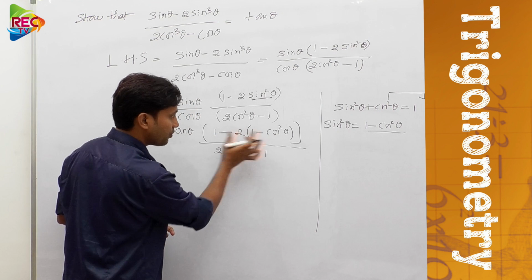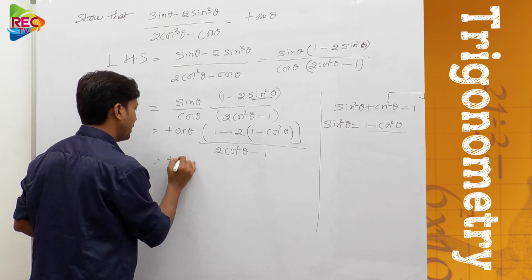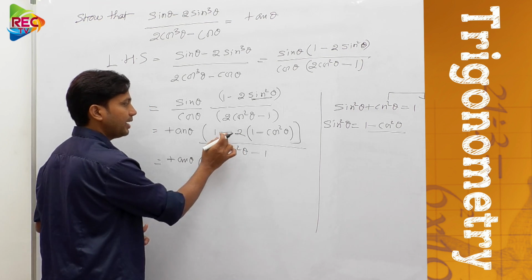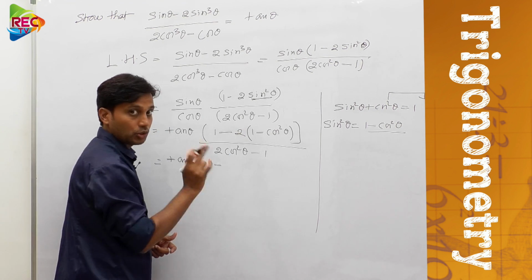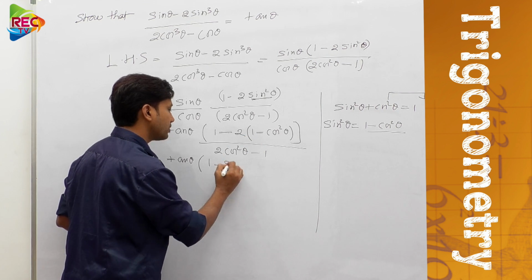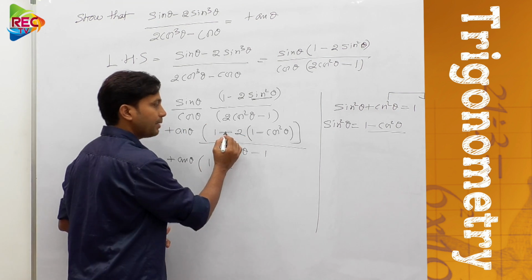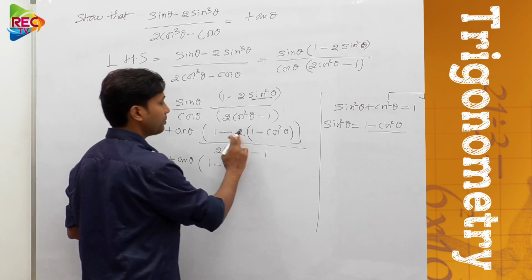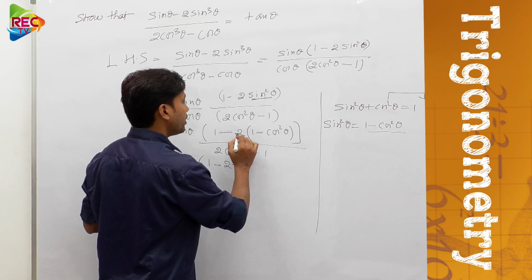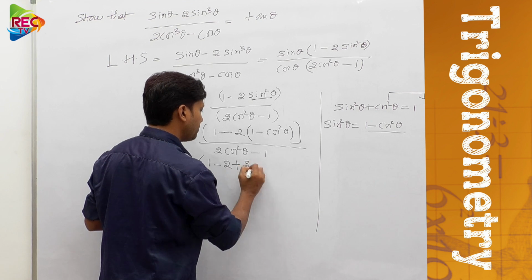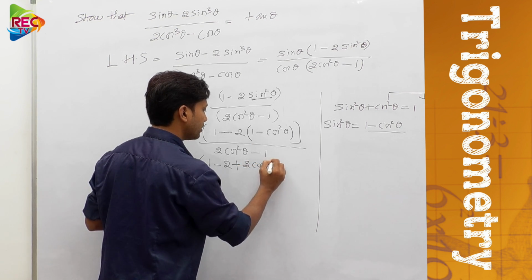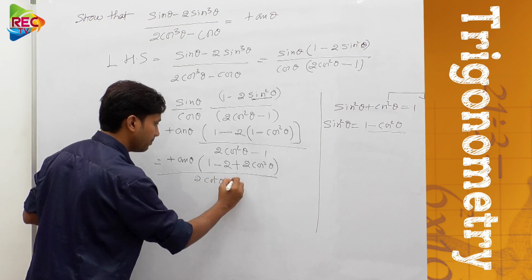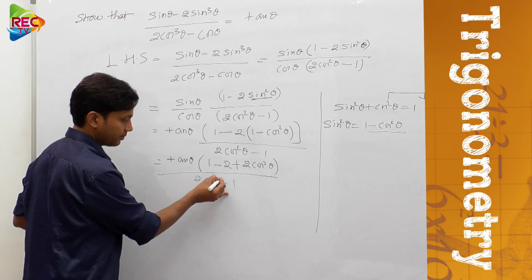Now simplify this further. Tan theta into 1 minus, multiplying 2 into 1 gives 2, minus into plus is minus, so minus 2. Minus into minus is plus, 2 into cos square theta gives 2 cos square theta, by 2 cos square theta minus 1.